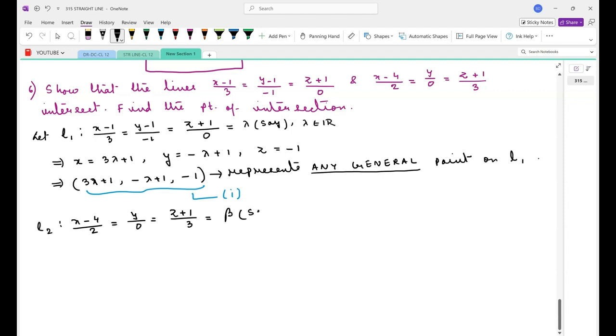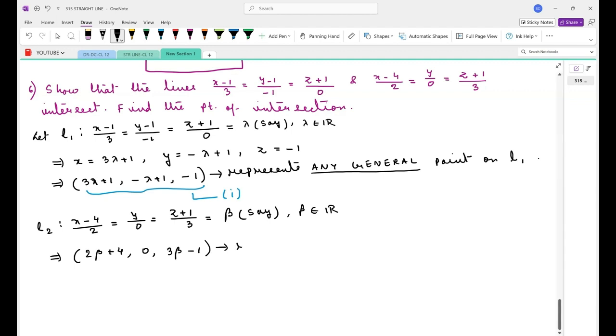Let us take the constant value as beta, beta belongs to R. So from here again, just like the previous method, my general point will be, let me write it directly instead of writing this step extra, 2 beta plus 4, 0, 3 beta minus 1.